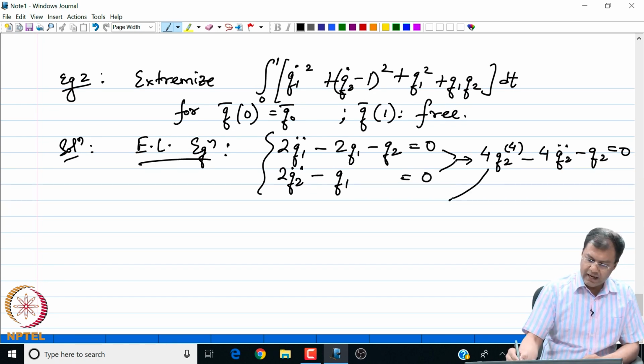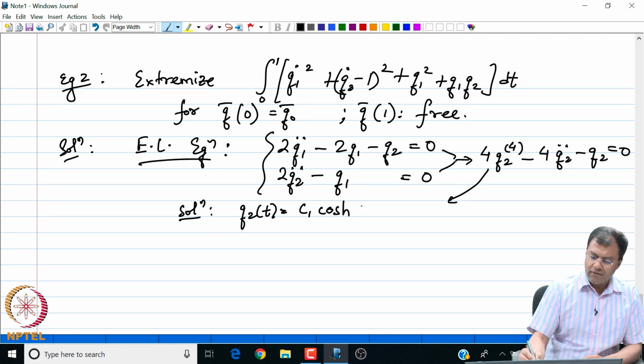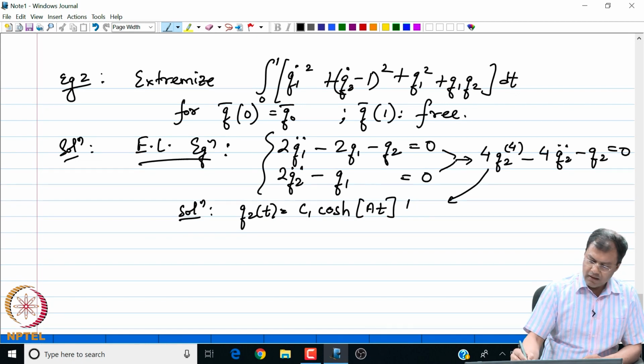And from here I get a set of solutions. The solutions are q2 of t is equal to c1. So, we get a linear combination of exponential solutions, as well as sine and cos solutions, plus c2.